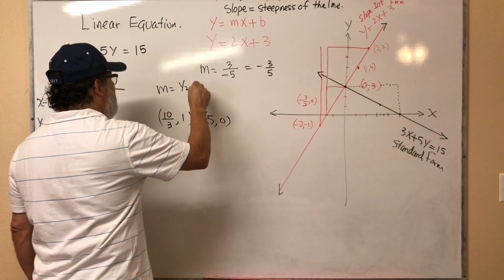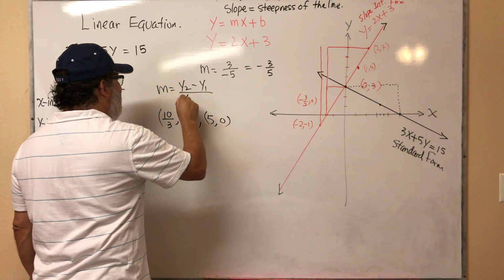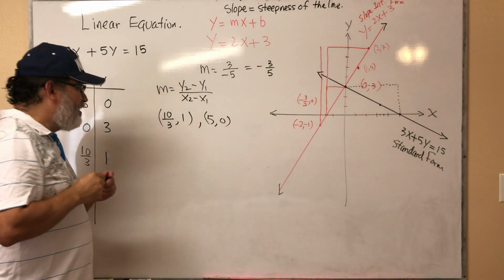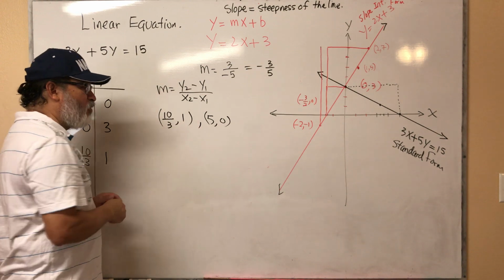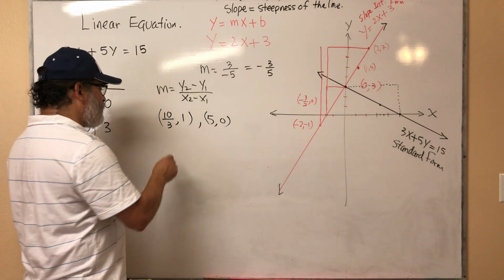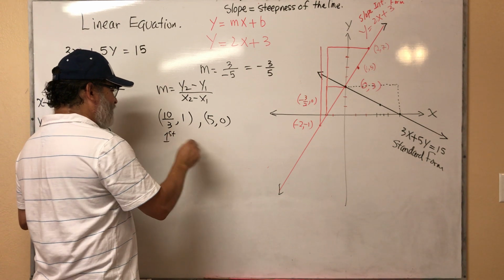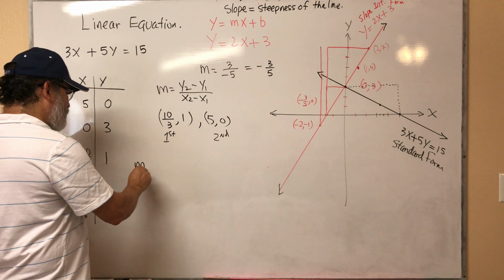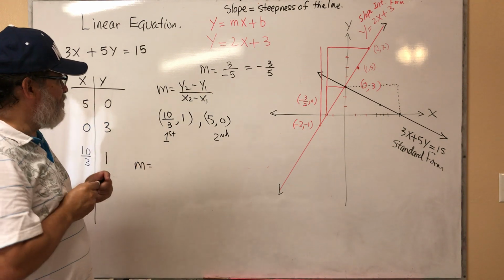y2 minus y1 over x2 minus x1, okay? And you better label them. Which one do you want to label, the first or the second? Doesn't matter. I'll label this one the first, and this the second. Now let's find the slope using the formula.